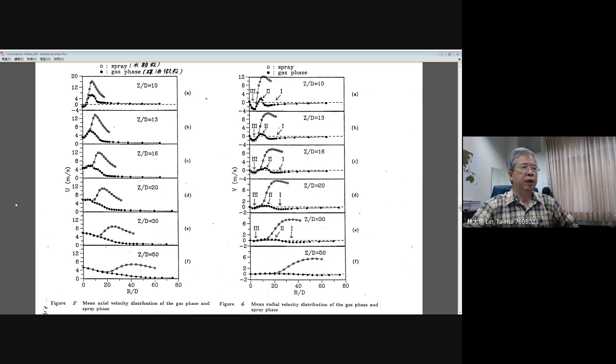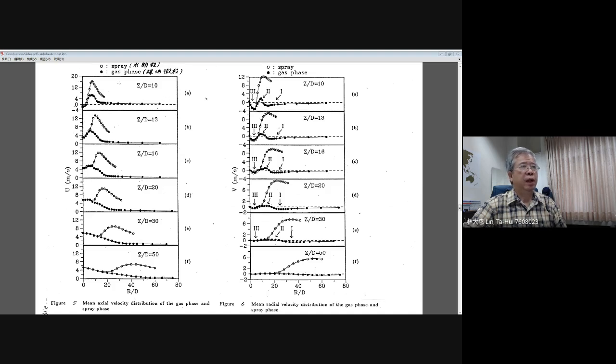You can see for these two sets of figures, we have measuring points based on the ratio of the axial distance normalized by D, the size of your nozzle, from 10 up to 50.